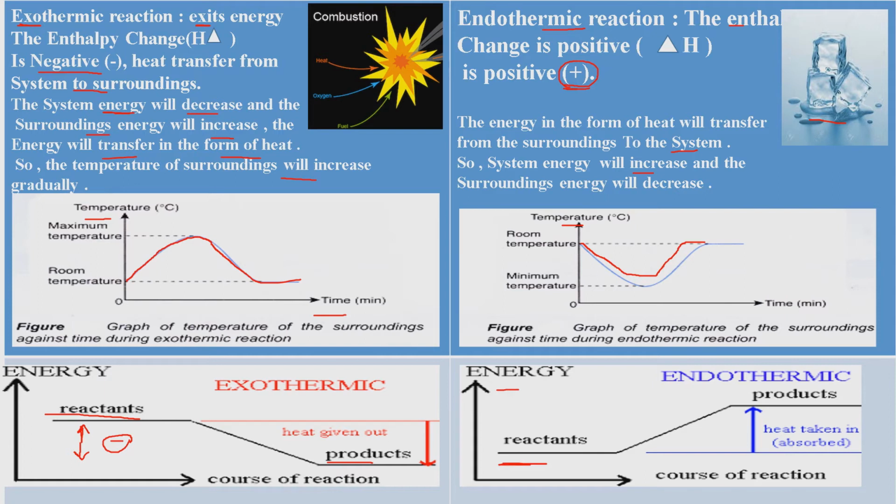So the reactants will start to gain energy, it will start to take money, to collect money from the surroundings, and will transfer into products. By gaining energy, the reactants will convert into products and the total energy of the system will increase. If you gain money, your bank balance will increase and you will gain a positive change.